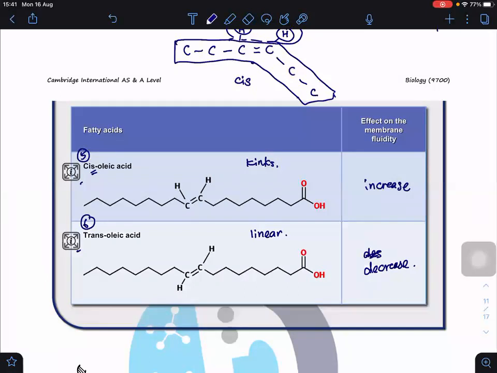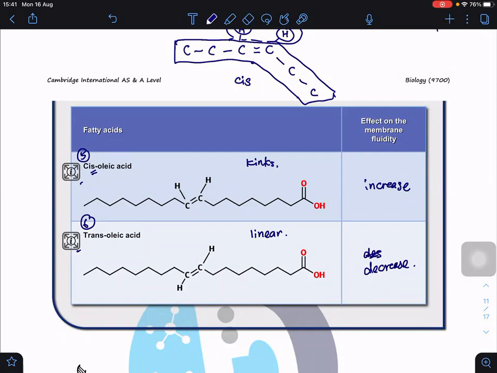So that's why our oils, like olive oil and palm oil, are in liquid form. Why? Because they are cis. But in the process of food processing, sometimes because of the high heat, they can convert the cis fatty acid into the trans fatty acid.